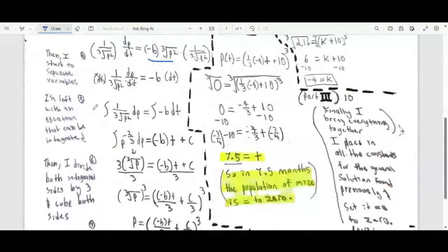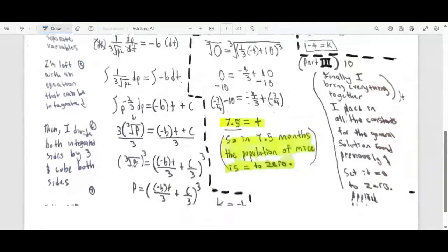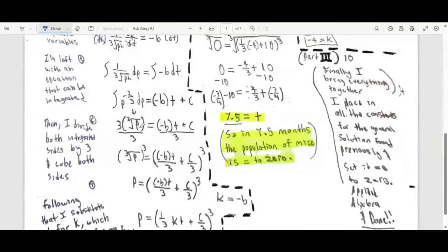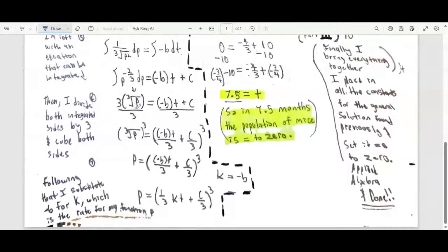And then I integrated both sides. In integrating both sides, I got negative b t plus c. On the left side, I got 3 multiplied by the cube root of P. I multiplied by 3 so I could get rid of the 3 on this side and transfer it to the right side.